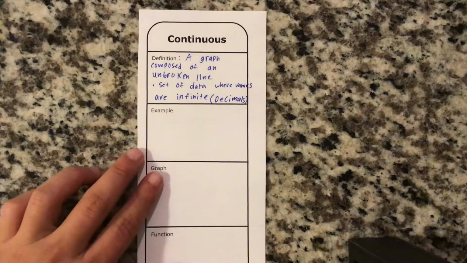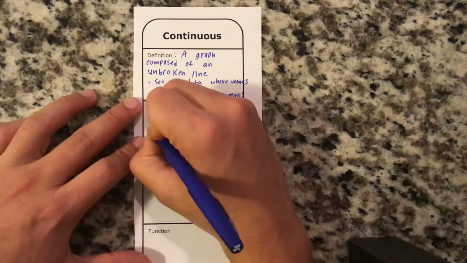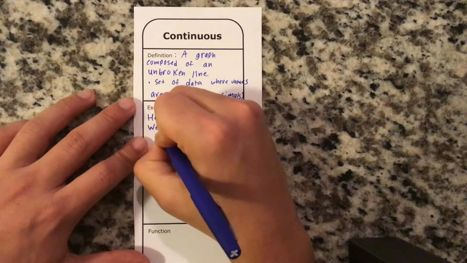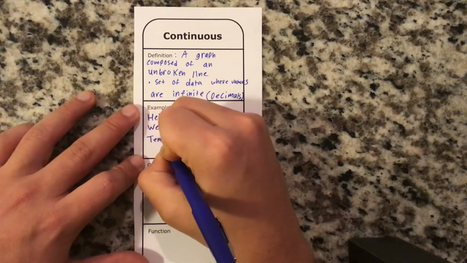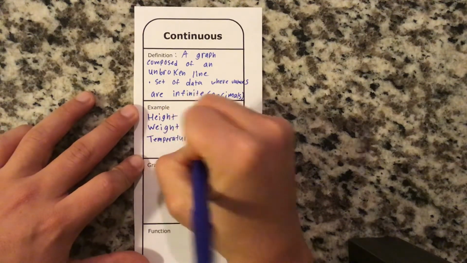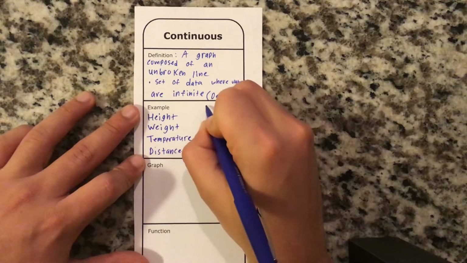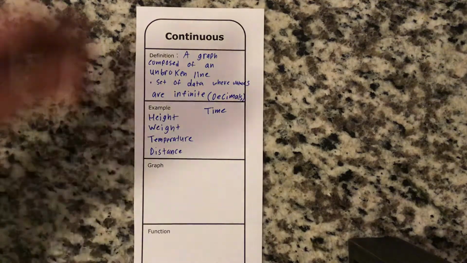Okay, so let's look at some examples of those. So some examples could be, we could be talking about height. That's continuous data. Weight. Temperature. Distance, and time. Right? So if we look at the examples, we can kind of see the difference.